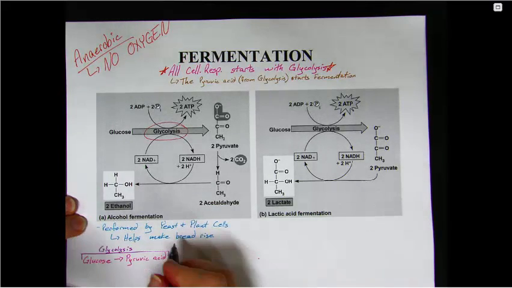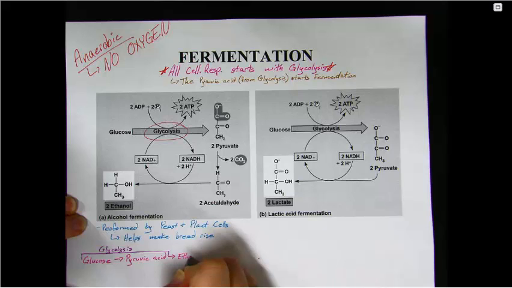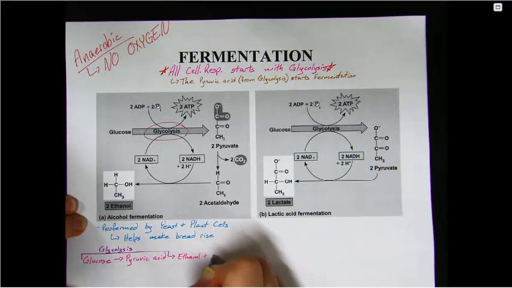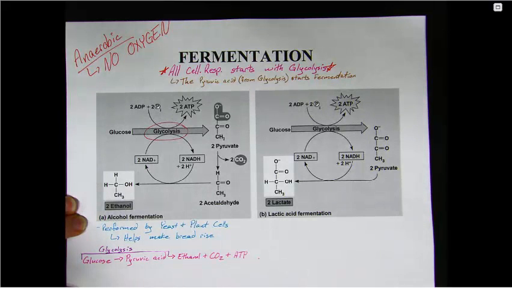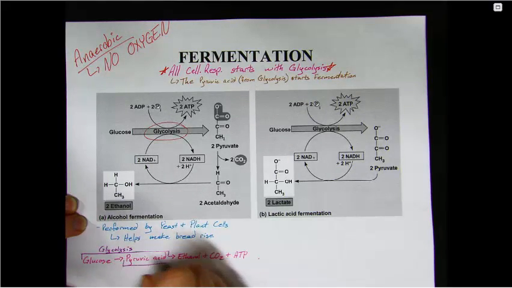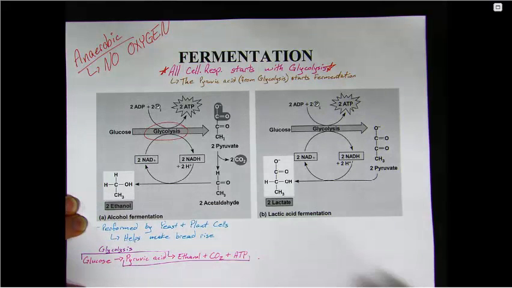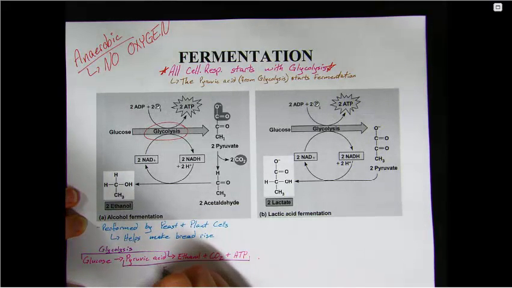Now that pyruvic acid is then turned into ethanol and carbon dioxide and a little bit of ATP. Where we start with pyruvic acid and end with ATP, this is the actual fermentation process.